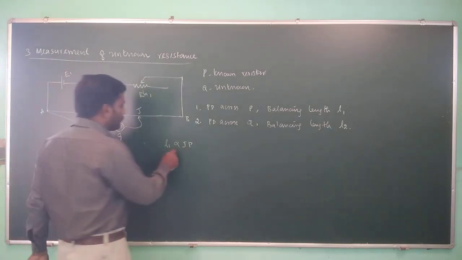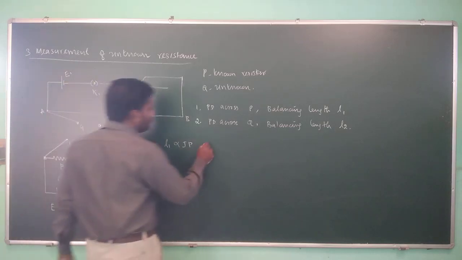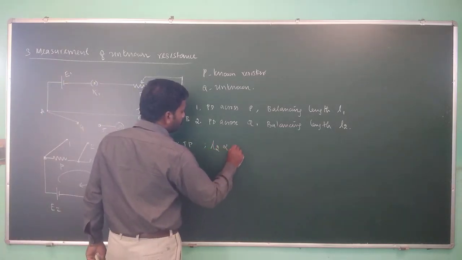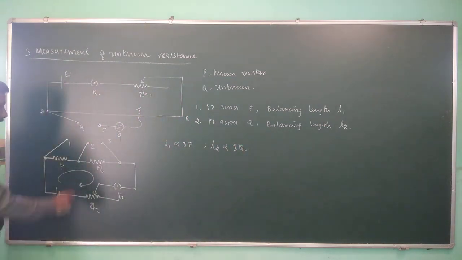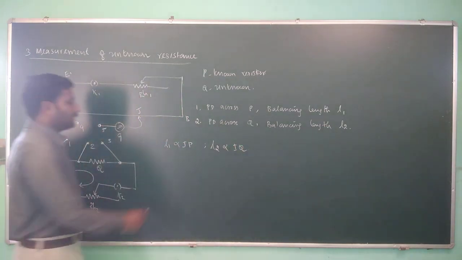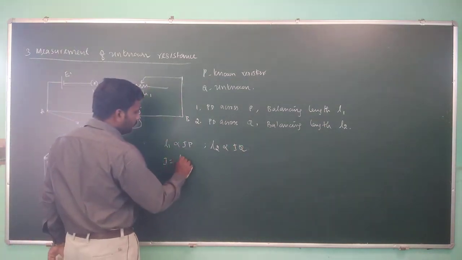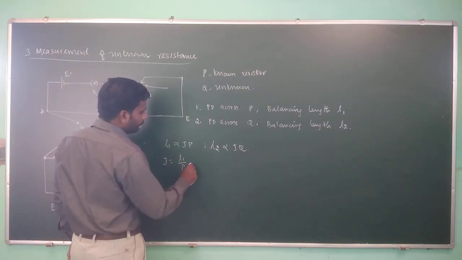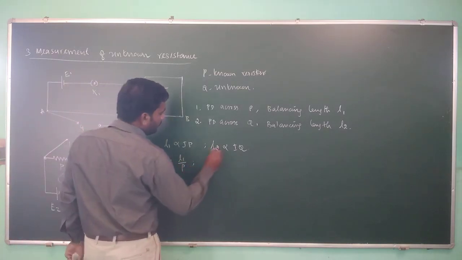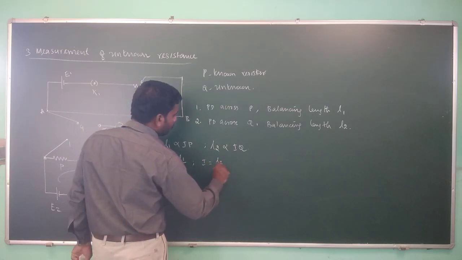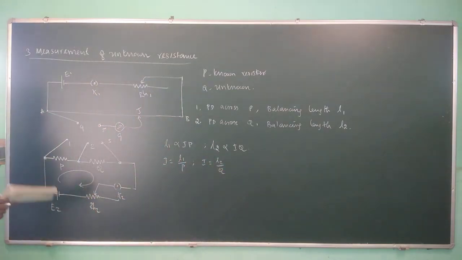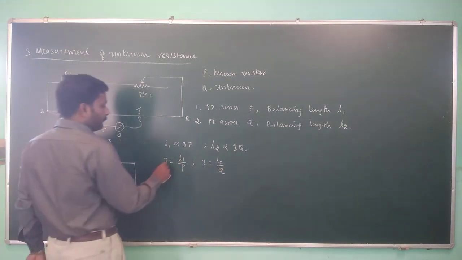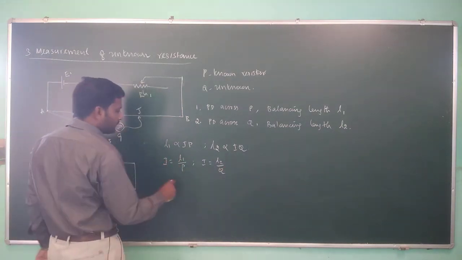So it is directly proportional. Similarly, for the unknown case, the balancing length L2 is proportional to I into Q. In both cases, the current is the same. Now we can write I equal to L1 by P in one case, and I equal to L2 by Q in the other. As the left hand sides are equal, the right hand sides must be equal.